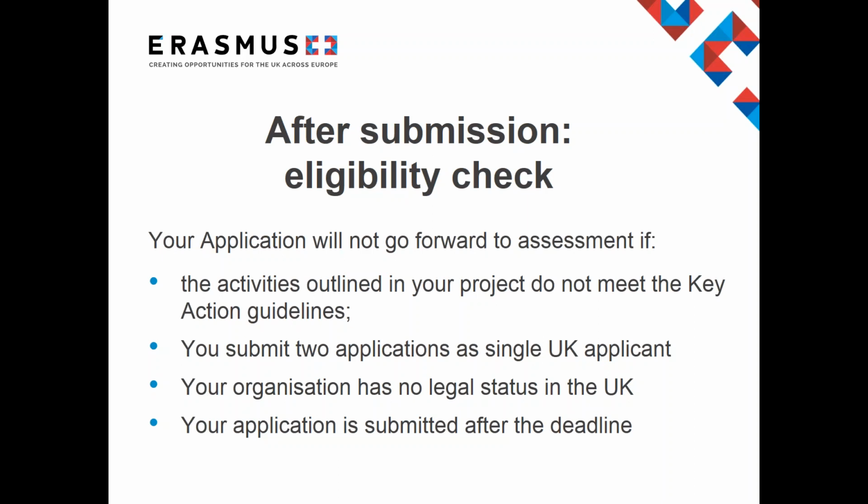Though you can submit one application as a single applicant and a different one as the lead of a national UK consortium. Your application won't go through to quality assessment if your organisation as applicant has no legal personality in the UK. In the programme guide, it is stated that an applicant must be any public or private organisation or its subsidiary and branch active in the field of VET or the lead of a national VET consortium.